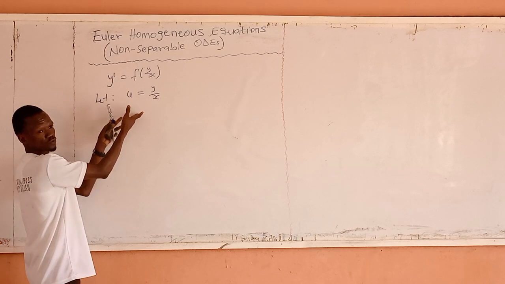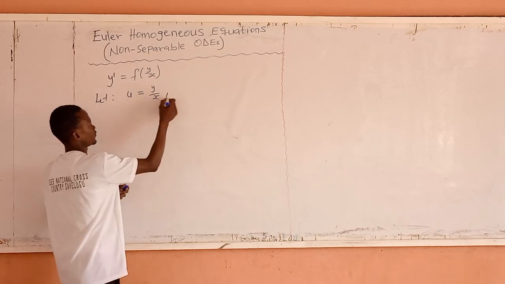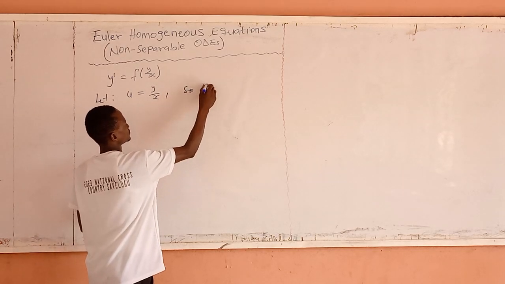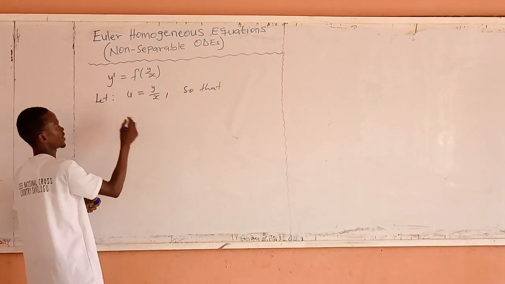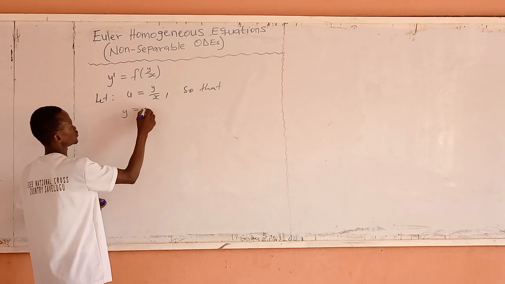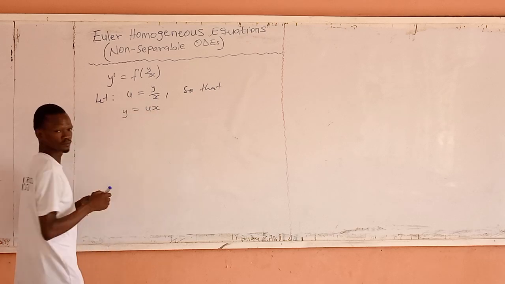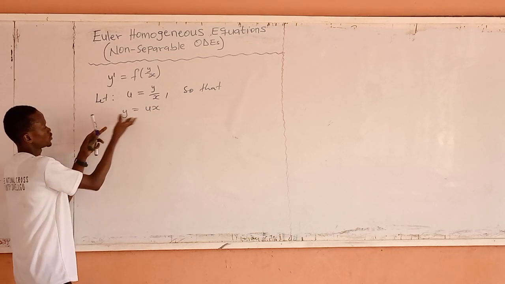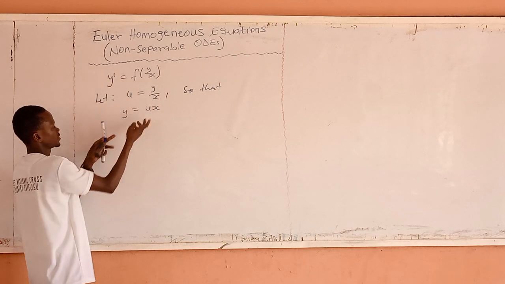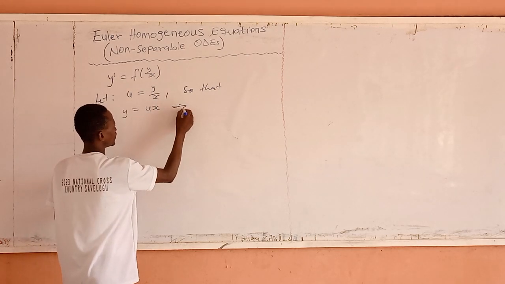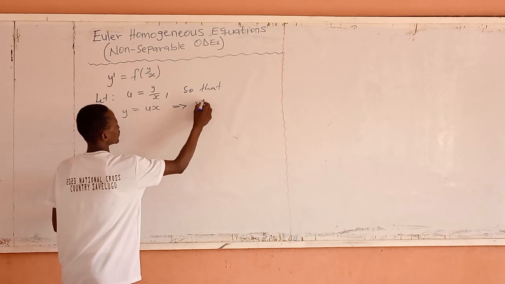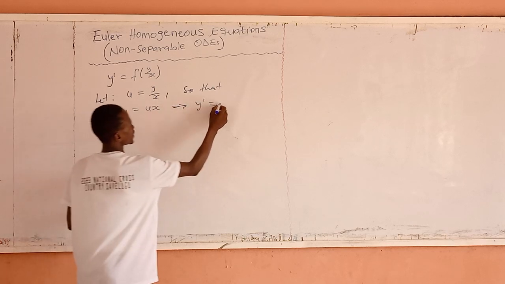So if u is equal to y over x, then we make y the subject from this one, and we have y to be equal to u times x. So if y is equal to u times x, then we can differentiate y. So differentiating y here will give us the derivative of y to be equal to what?